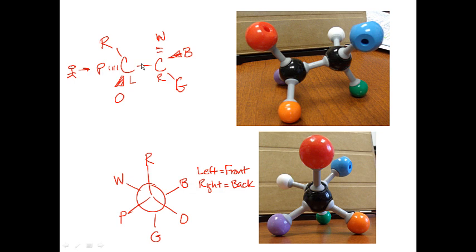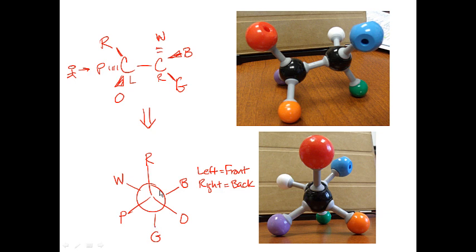So converting from this structure into this Newman projection just simply requires me to look over here and convert the structure. But these two bonds right here are the key because they tell me the two groups are going to be basically anti to each other in the same plane.